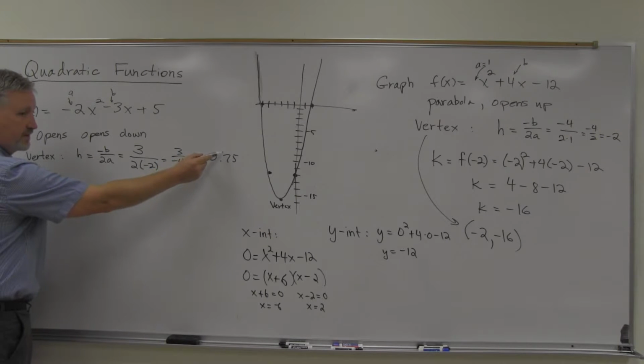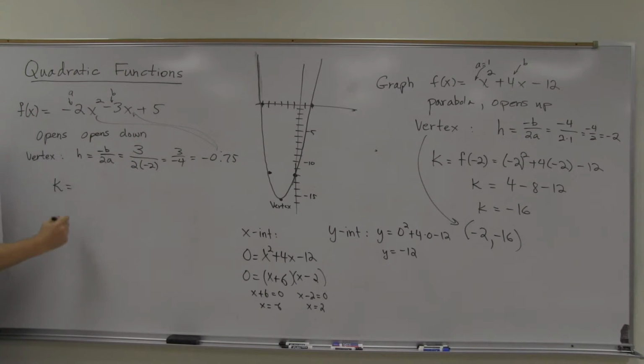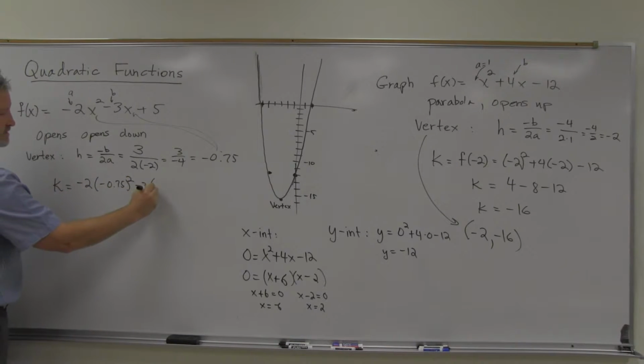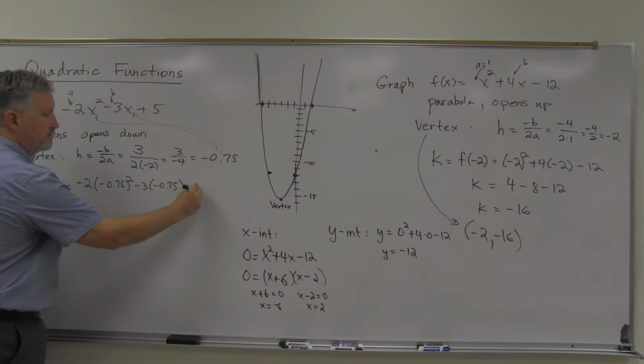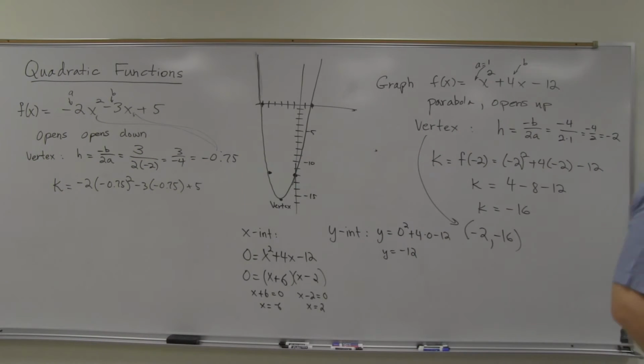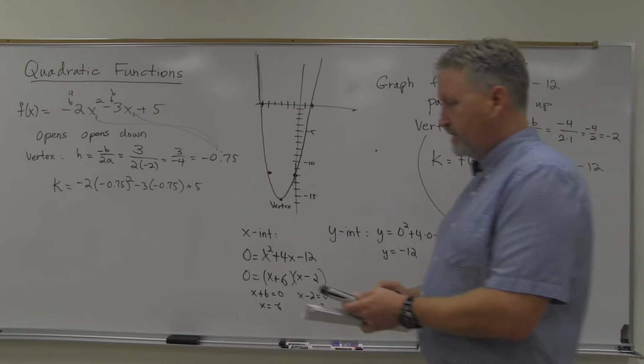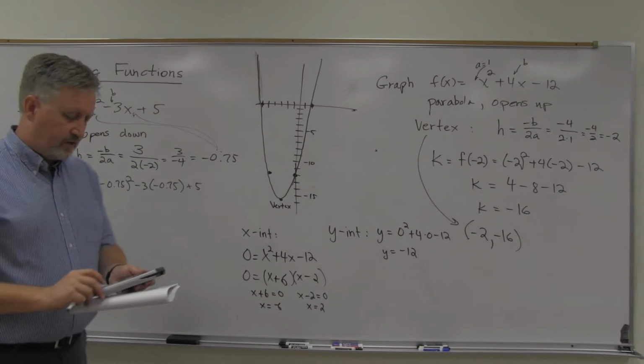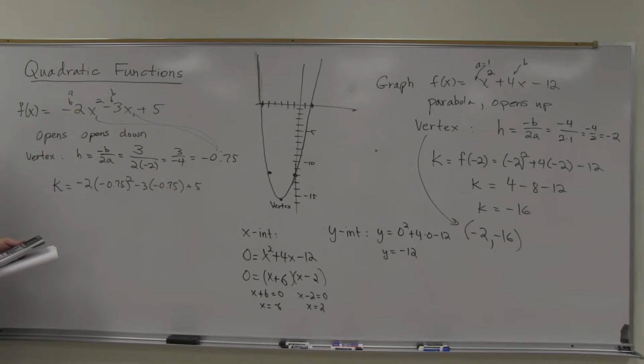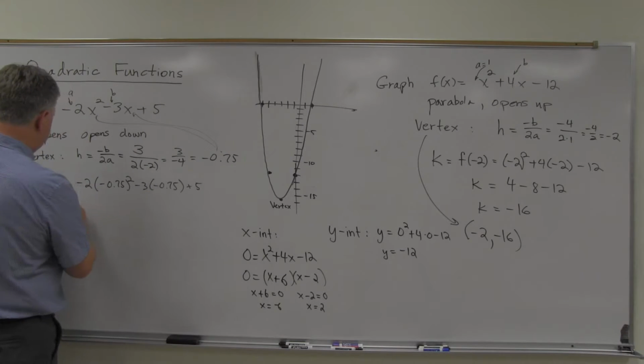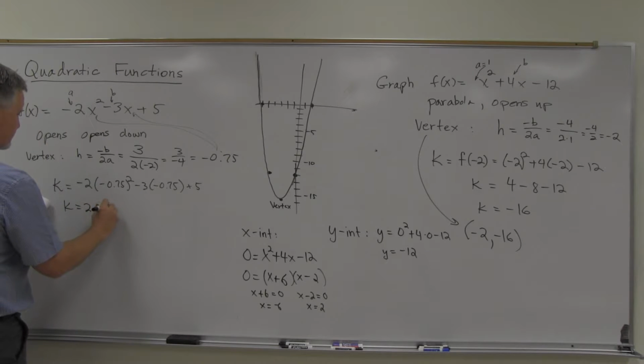Well, we just plug that in for X, right? That would be the K. So it's -2 times -0.75 squared minus 3 times -0.75 plus 5. And if I plug that in, -2 times -0.75 squared, and then minus 3 times -0.75 plus 5, I get 2.46875.